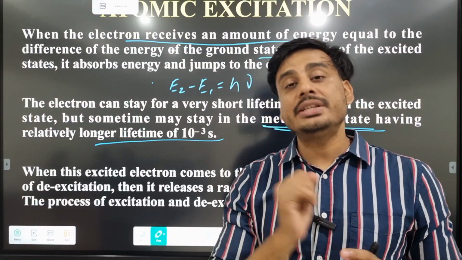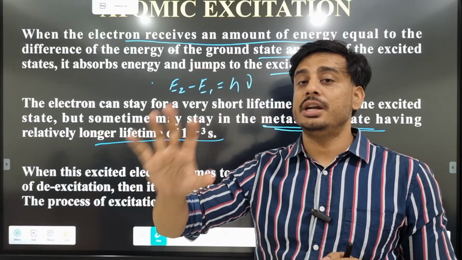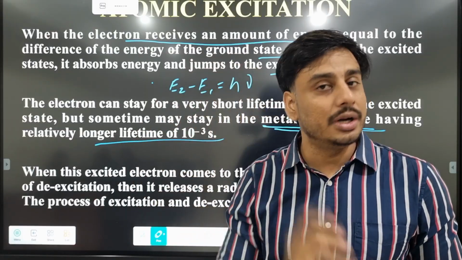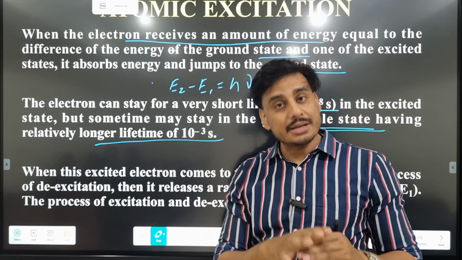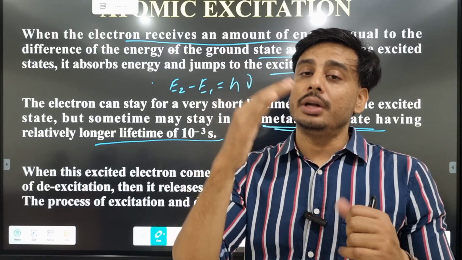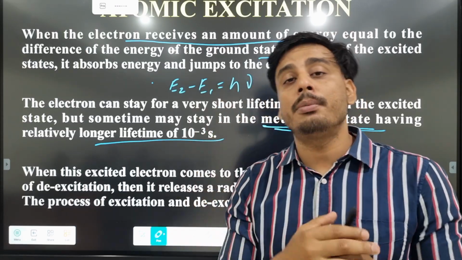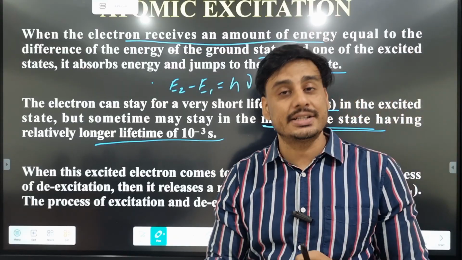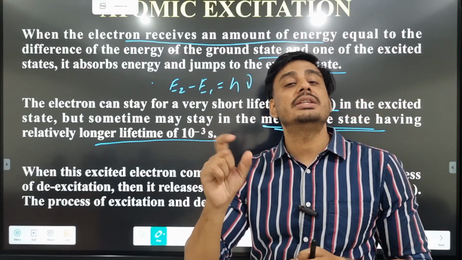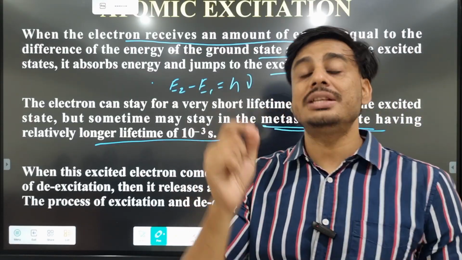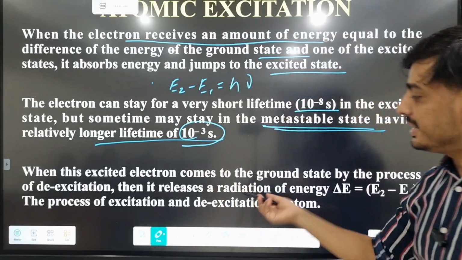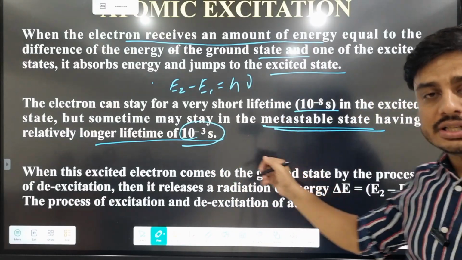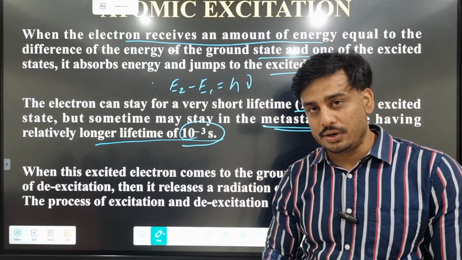But the difference is that in the normal excited state, particles stay for a short period of time, in the range of 10 to the minus 8 second. But in the metastable state, the electron stays for a longer period of time as compared to the normal excited state. That time period is in the range of 10 to the minus 3 second. So de-excitation means the particle releases energy and comes back to the ground state.